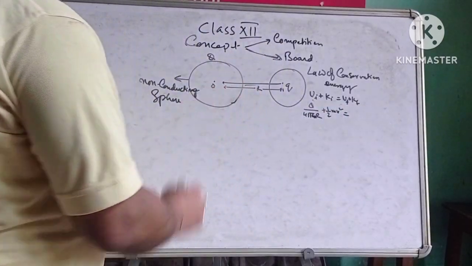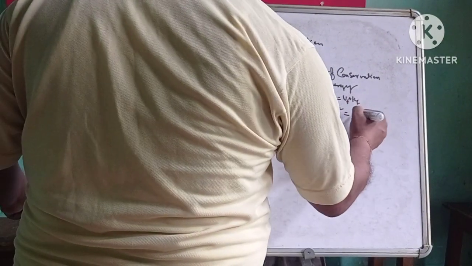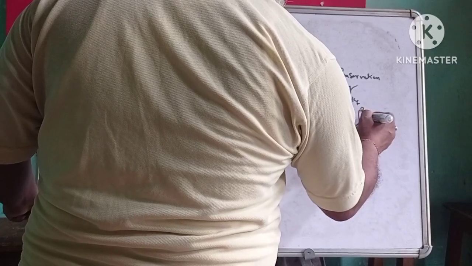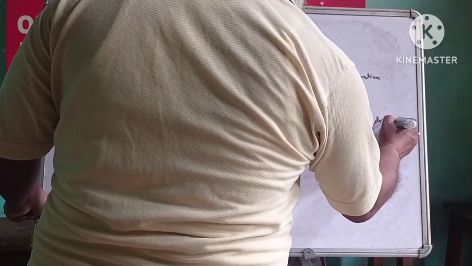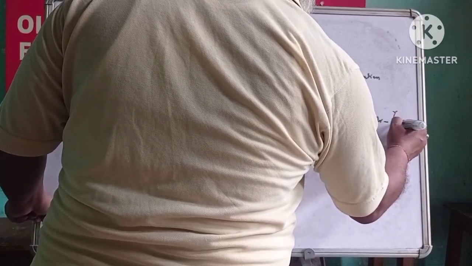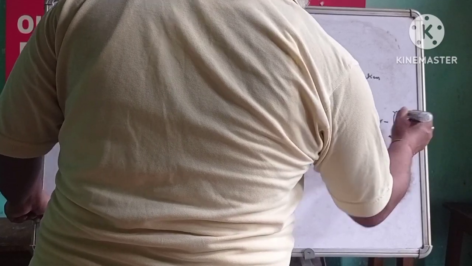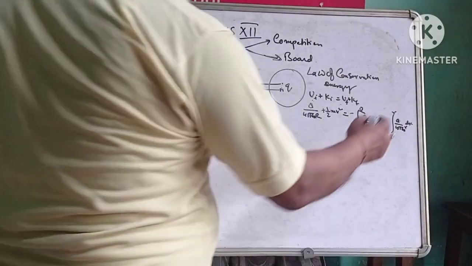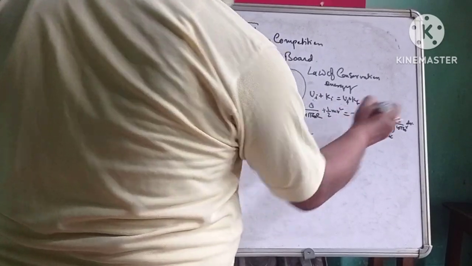Because it is a non-conducting sphere, your final potential will be the integral from infinity to R of Q by 4 pi epsilon naught R dr minus the integral to R, and this R may be R by 2 or whatever is given to you.